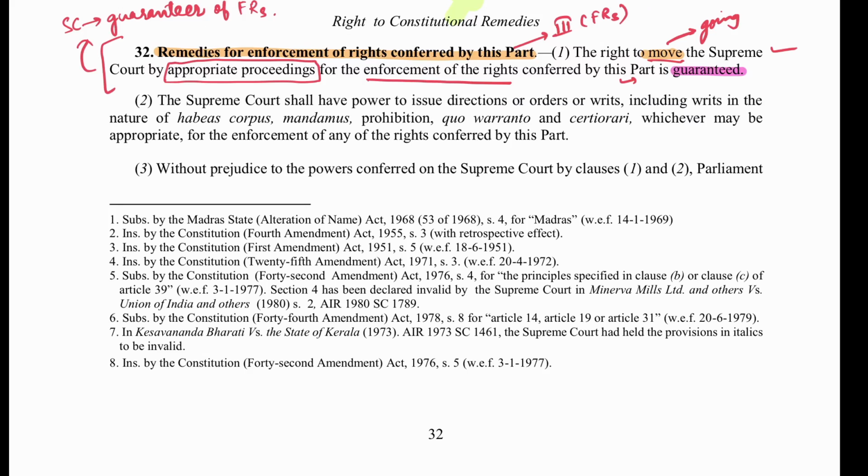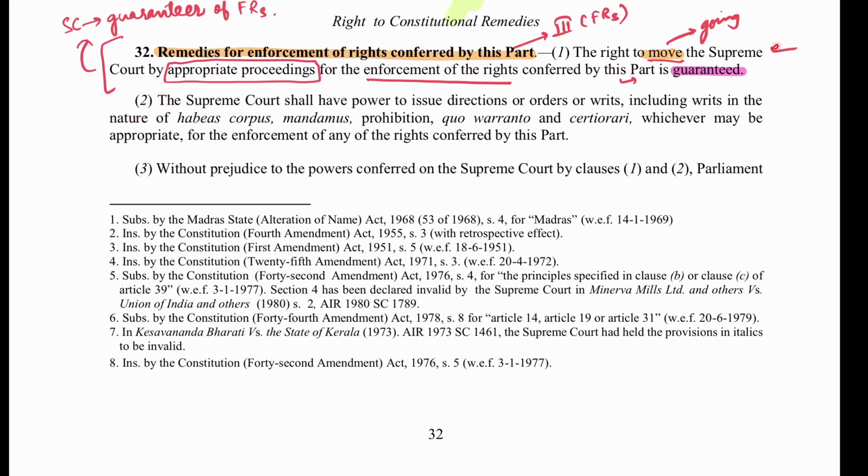So I hope you're getting this idea clear, that with the help of appropriate proceedings, you can directly go to the Supreme Court if any of your fundamental rights are not given to you or are not enforced, and that is a guaranteed right to you, because this guarantee is also given by another fundamental right only, under Article 32 of this Constitution. Okay, what does clause 2 say?